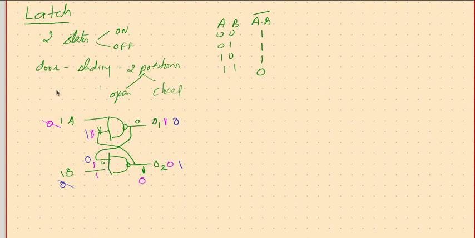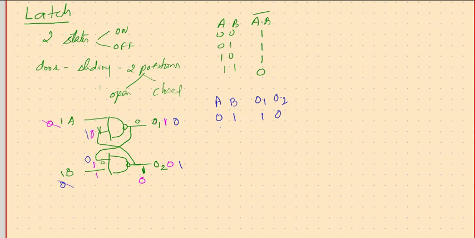So we are disturbing from the outside world. Whenever A is made 0 with B equal to 1, O1 will become 1, O2 will become 0.